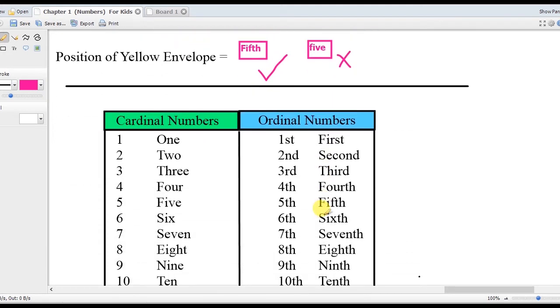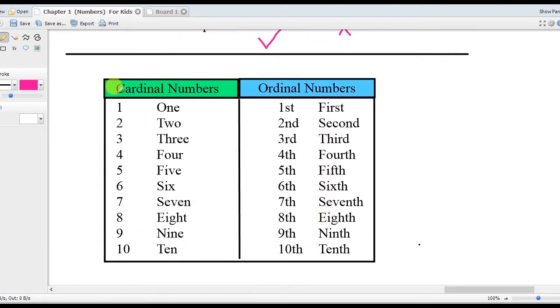Let's do a few examples on it. These are the cardinal numbers 1, 2, 3, 4, 5, 6, 7, 8, 9, and 10. Now if I write these numbers in ordinal form, how are we going to pronounce and write them?